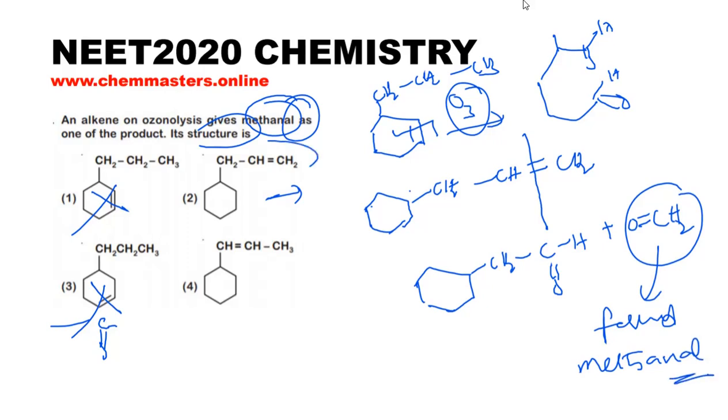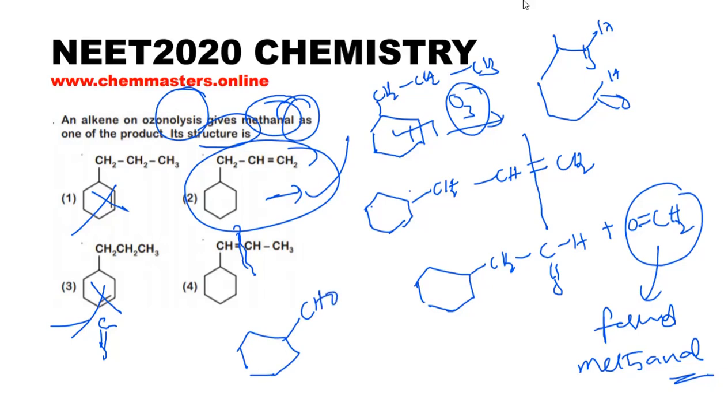So that's why the second substrate on ozonolysis produces methanal. If ozonolysis takes place here, then one is benzaldehyde and one is ethanal. So that's why the second option is the correct one.